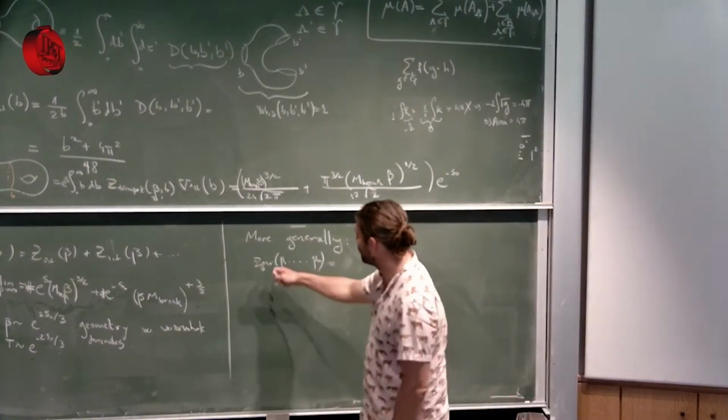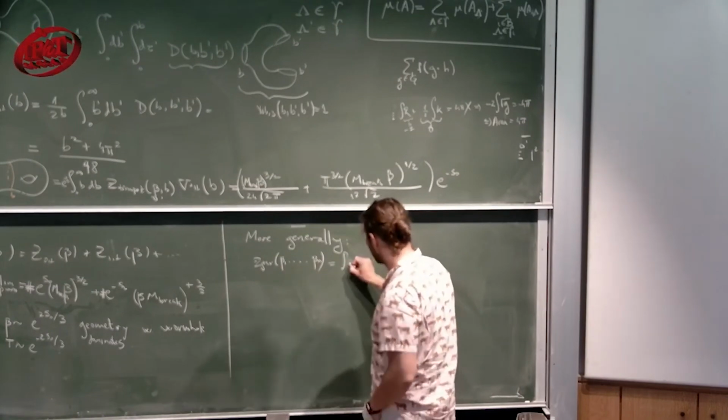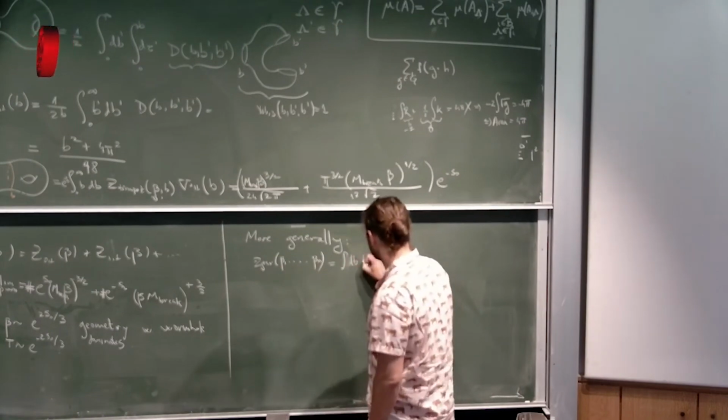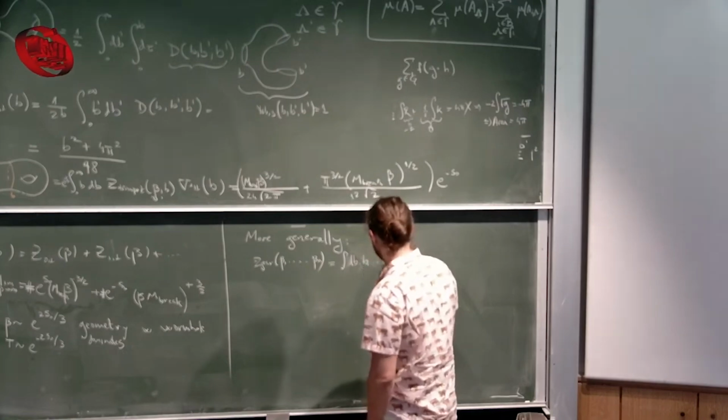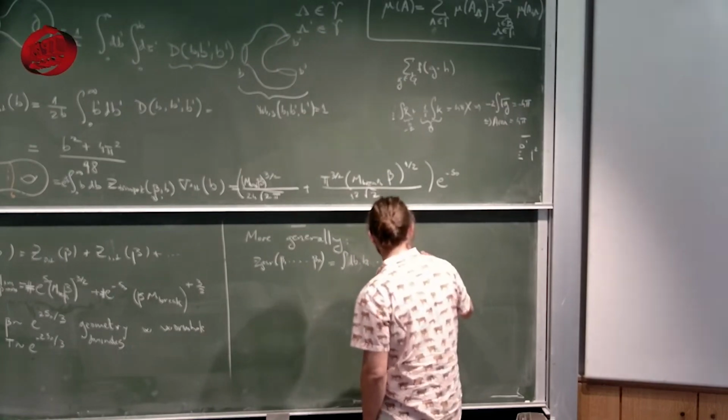All right, so to obtain Z gravitational with an arbitrary number of boundaries, I was asked during the break, you simply have to do the same integral over n trumpets. This time, each integral is a Gaussian.